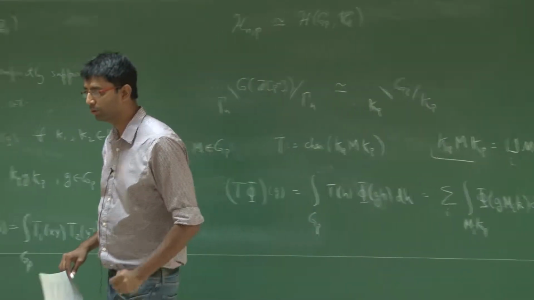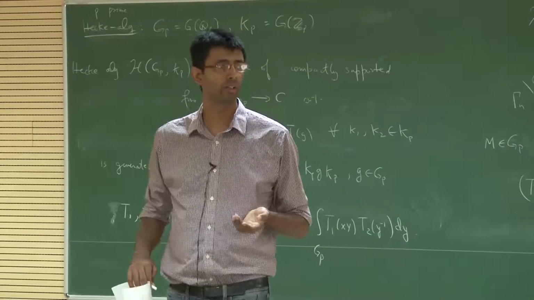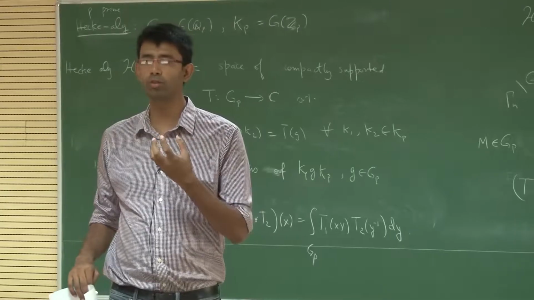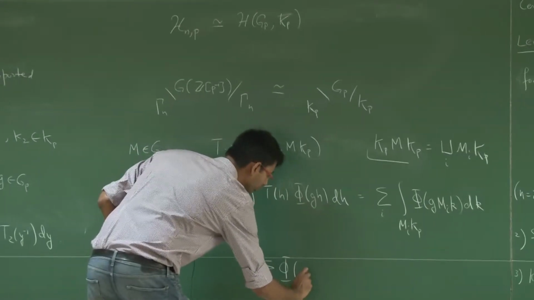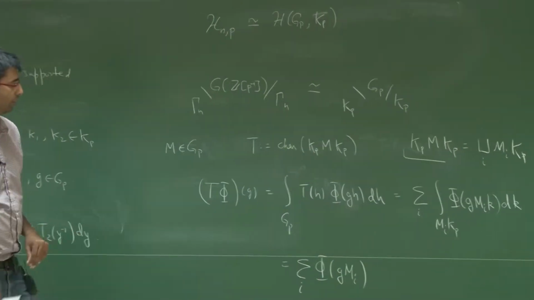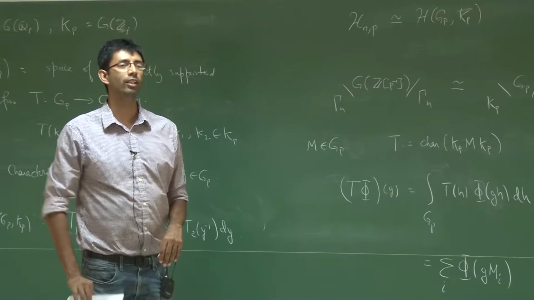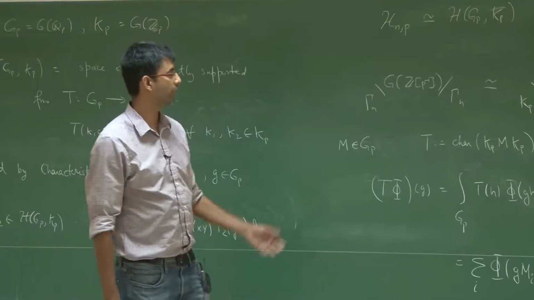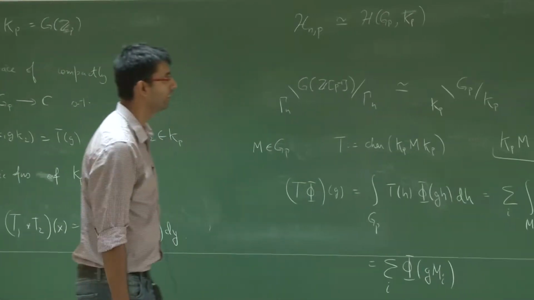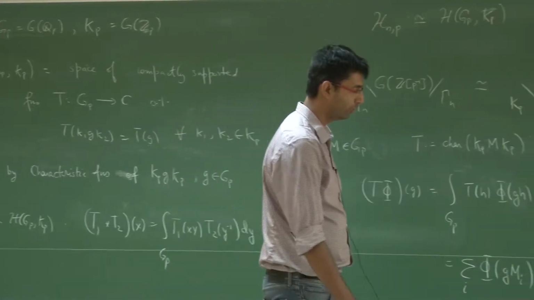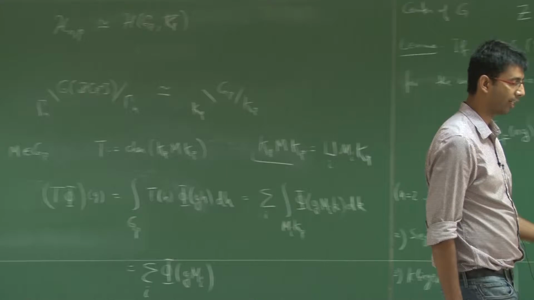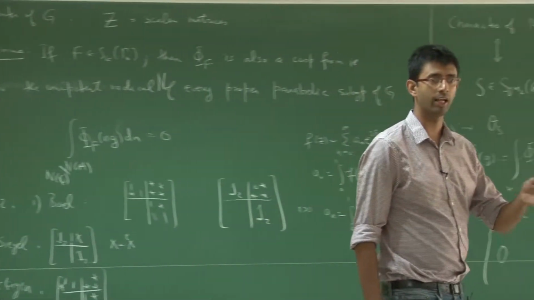So basically you normalize your measure on G_p such that the volume of the compact is 1, and so this ends up being the summation over i of phi of g m_i. So now it feels a little familiar, right? In the classical case, if Gamma_N g Gamma_N was the union of Gamma_N g_i, then the action was the summation over i of f slash_k g_i.